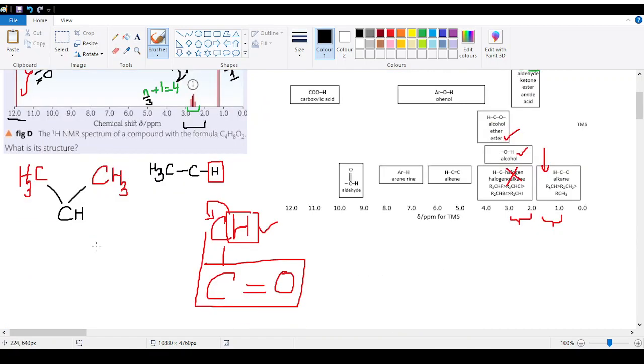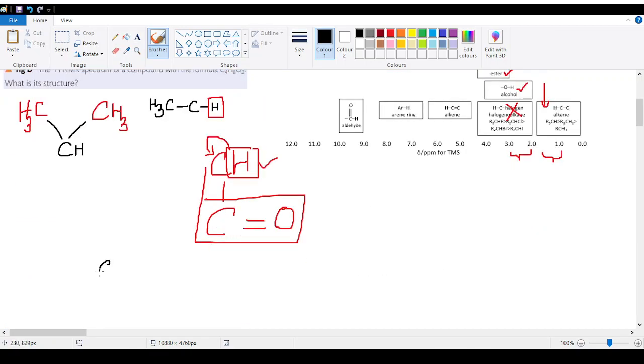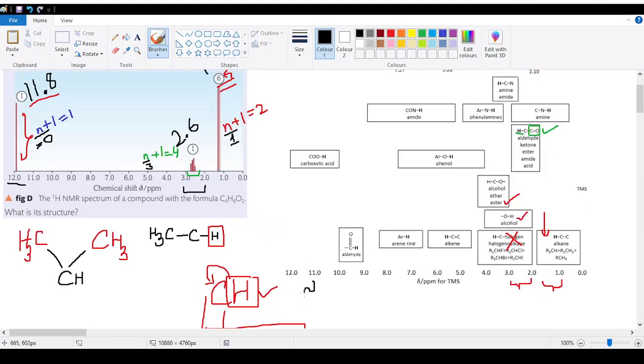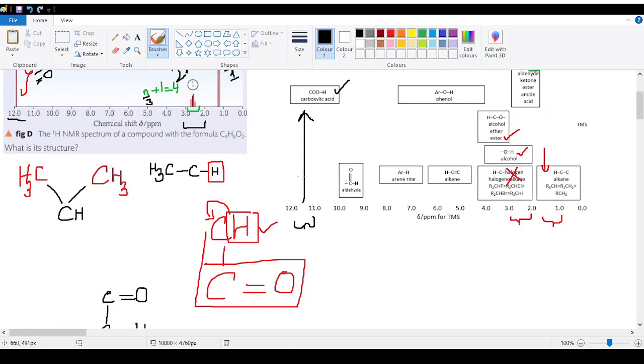So if n is 0, that means somewhere there was a carbon that has a hydrogen, but the neighboring carbon has no hydrogen. That means the neighboring carbon could have this CO group. And if you look at 11.8, there is only one thing, this one. Did you notice this? At 11.8, there is nobody else. So there must be a COO group.